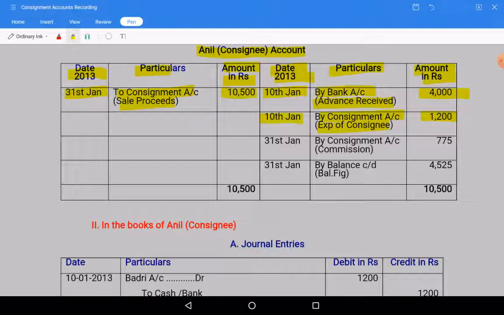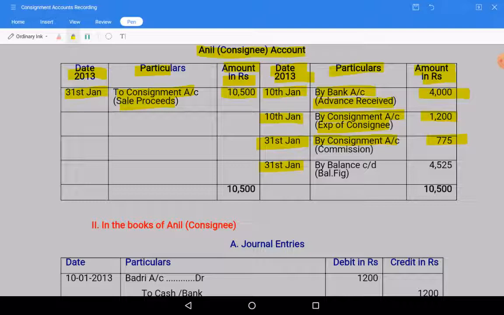And on the sales, the consignee is entitled to commission, that will be on the credit side. So 31st January, by consignment account, commission 775 rupees. The balancing figure we need to do.